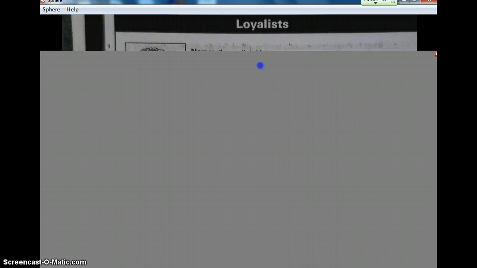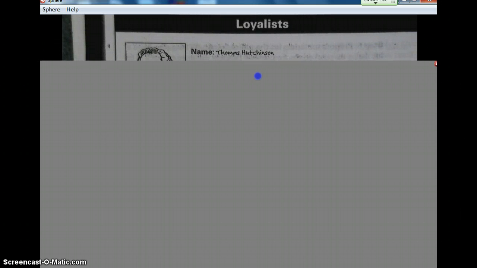Okay, now if you'll turn to your reading notes to the Loyalist side where it says Loyalist at the top, and you are going to fill in Thomas Hutchinson's name. And in a moment, you'll see the picture, too, that you'll be cutting out and putting in the square that they provide for you. Okay, occupation. Again, his occupation is his job. So we can find this in actually one of 3 places.